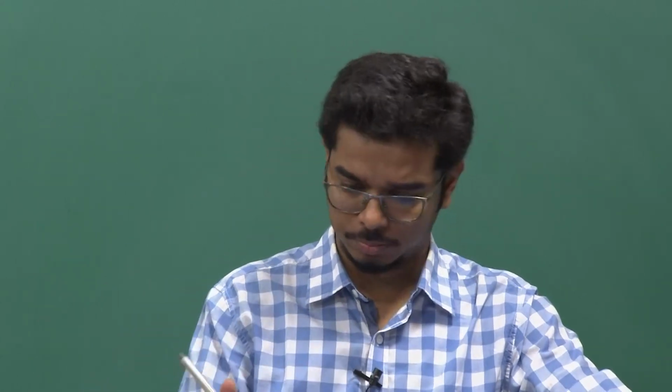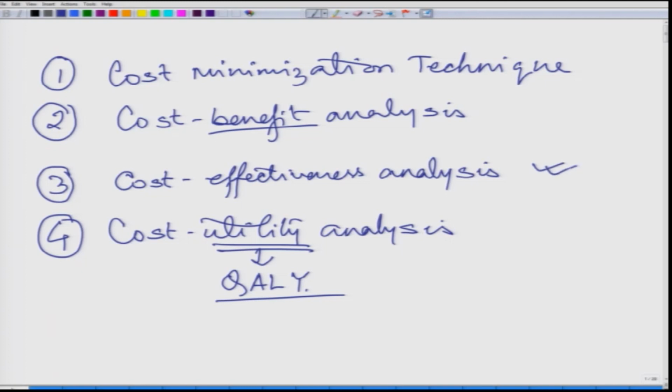Therefore, these are the 4 basic economic evaluation techniques. We learned yesterday cost effectiveness analysis and cost minimization analysis. Today we will start learning about first cost utility analysis and then cost benefit analysis.